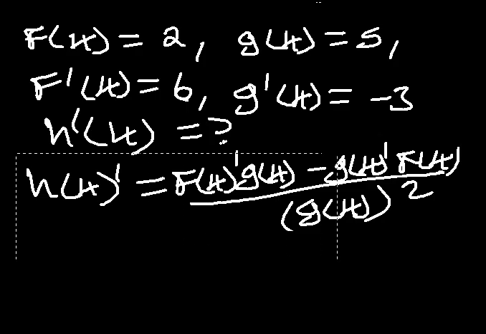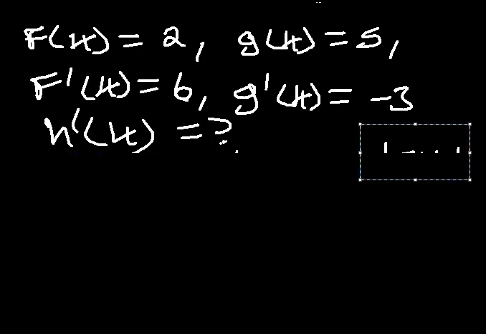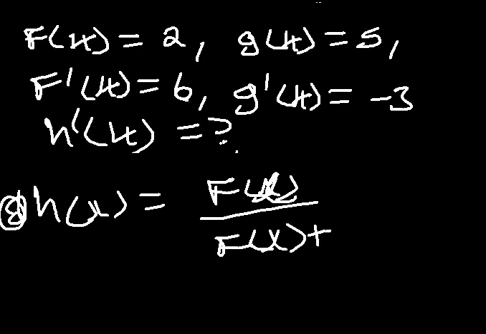In the final equation, part C should be the other one. Let's say we have h of x being given as f of x divided by f of x plus g of x.